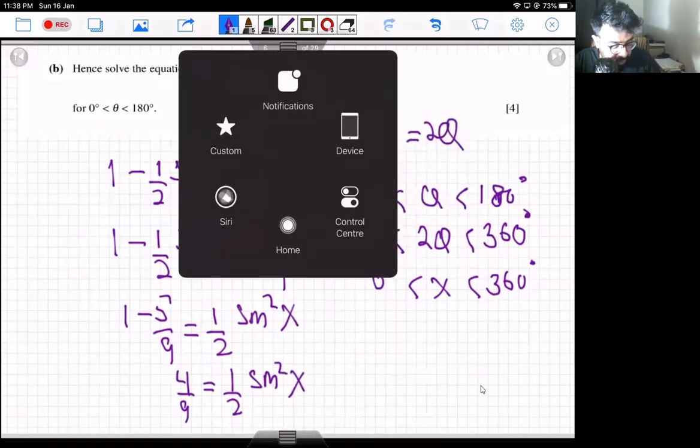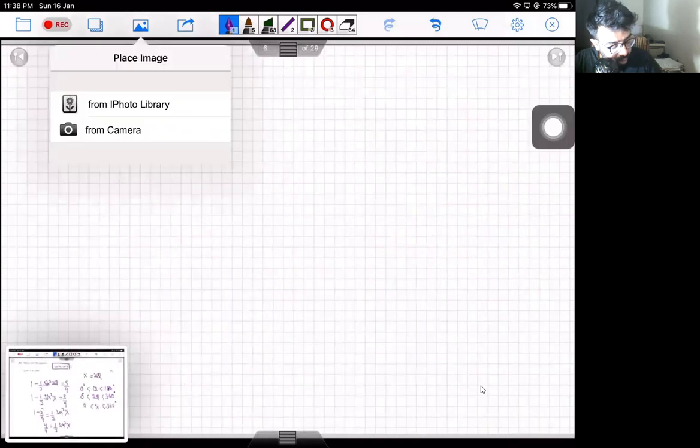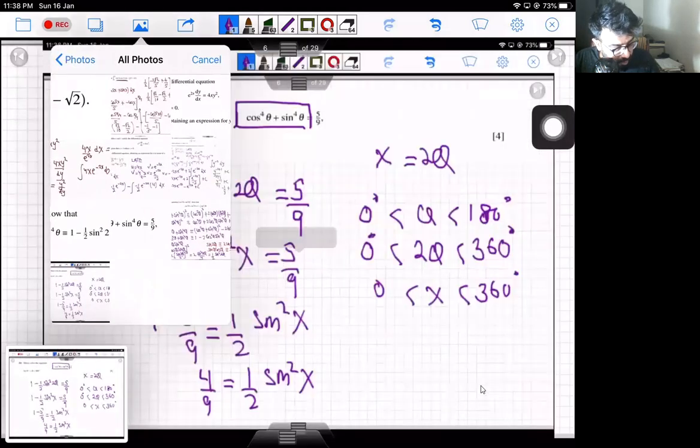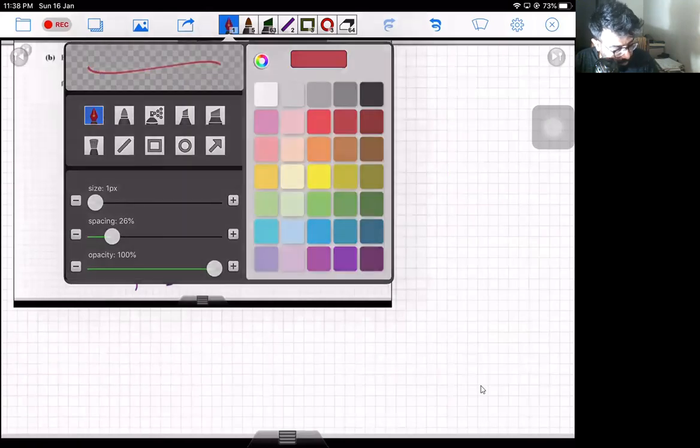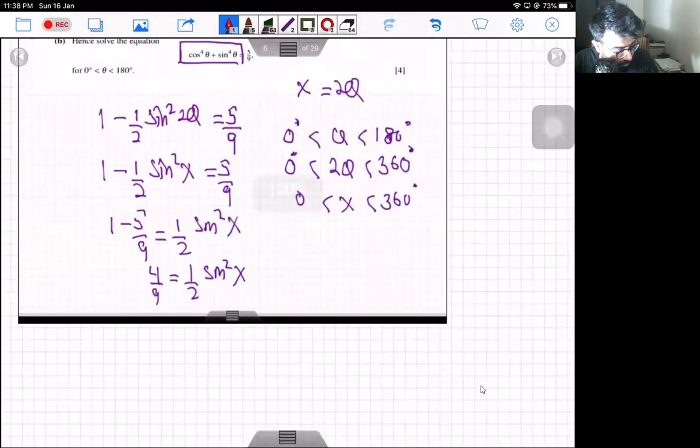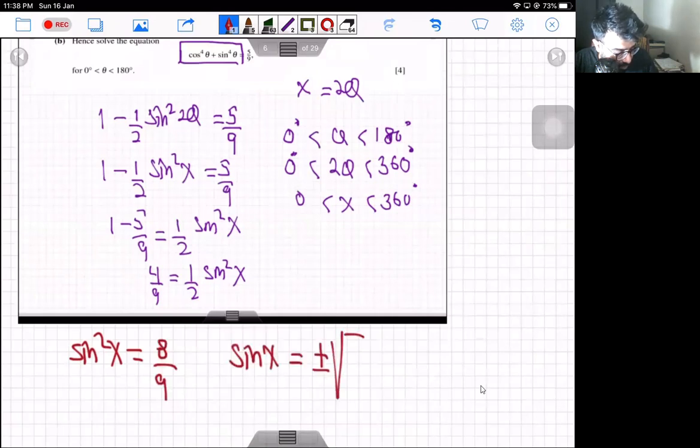So first make sine square x the subject of the equation. So 2 multiplied by 4 and then divide by 9. So sine square x is equal to 8/9. So sine x is equal to plus minus under root of 8/9.